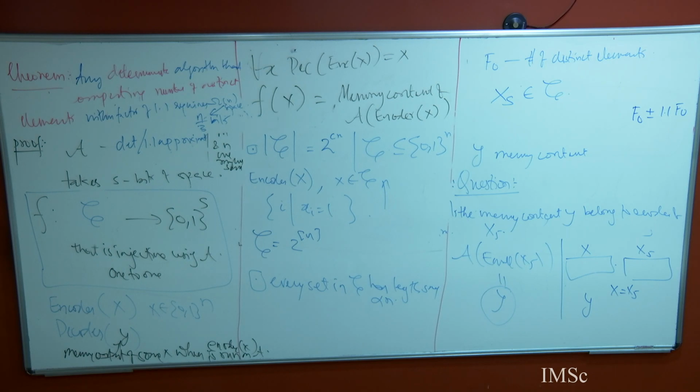But if they are not the same, and if they only differed at say 1 bit, it's very hard to distinguish between this XS and this. But suppose I told you that any two sets do not overlap too much. Then what happens? If any two sets do not overlap too much, then suddenly when I put XS, the number of distinct elements just booms up.